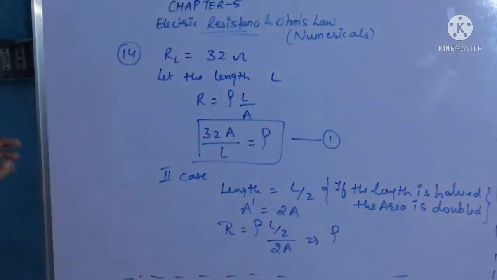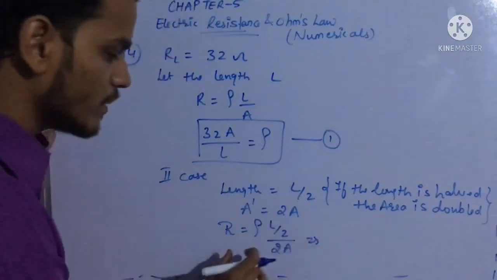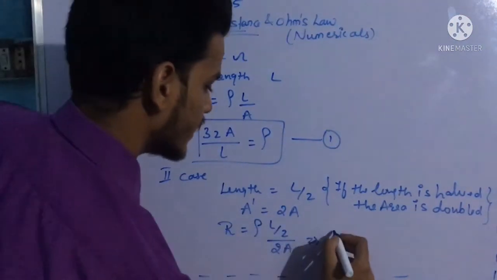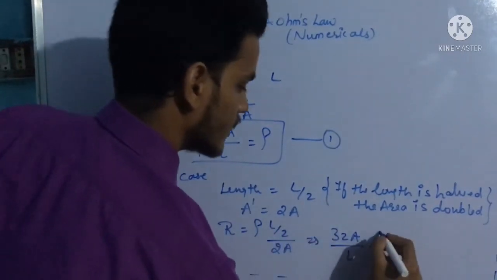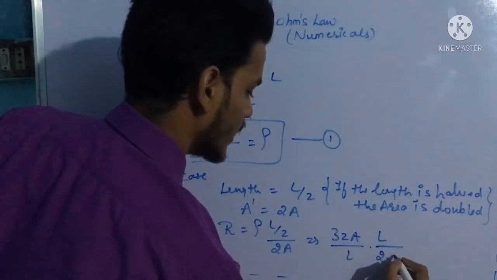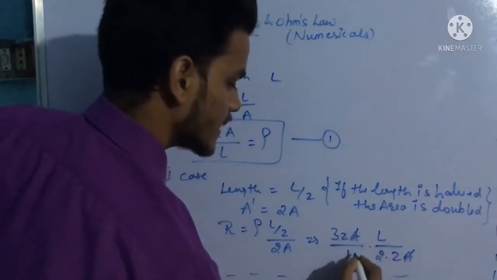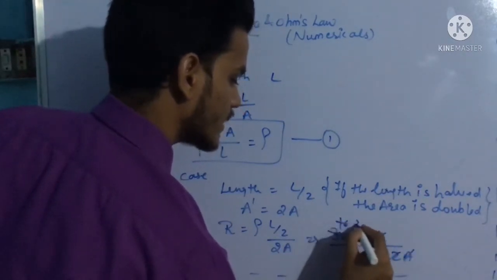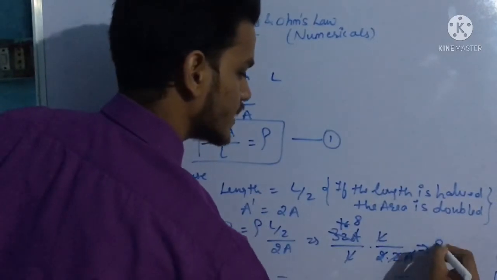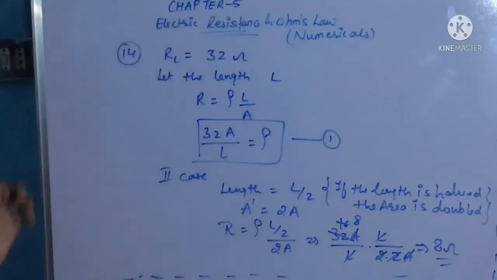In place of rho, we write 32A upon L. A and A get cancelled, L and L get cancelled. 2 16s are 32 and 2 8s are 16. So the final answer we get here is 8 ohm. Remember this question. This is an important question.